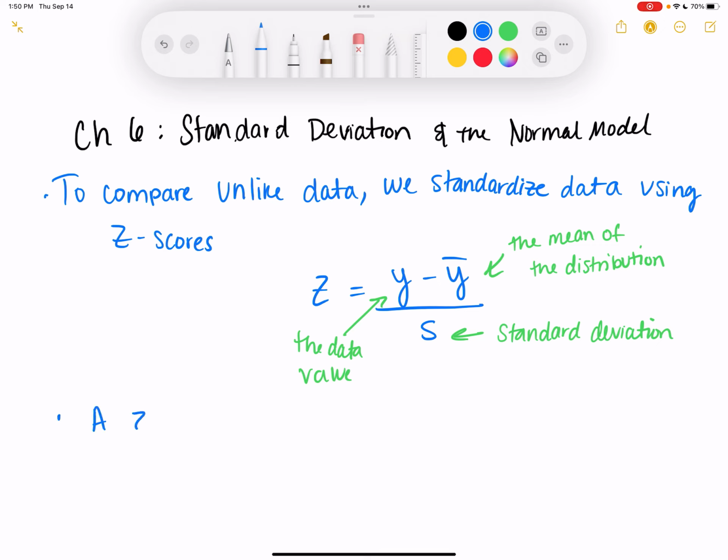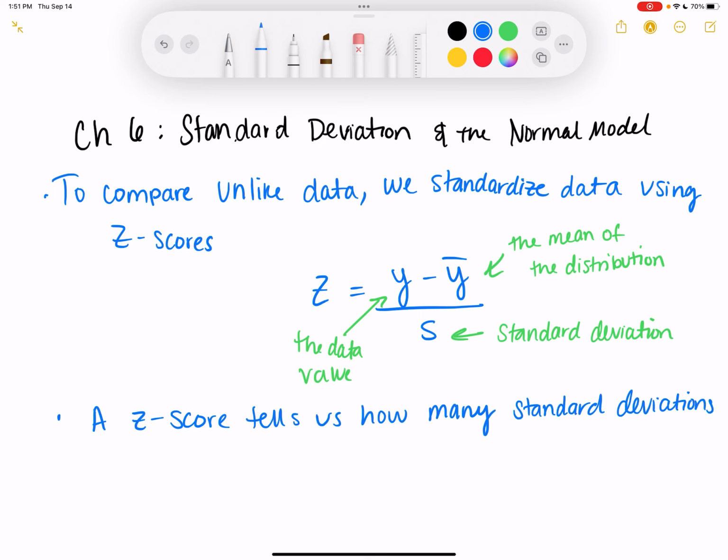A z-score tells us how many standard deviations a value is from the mean of the distribution.